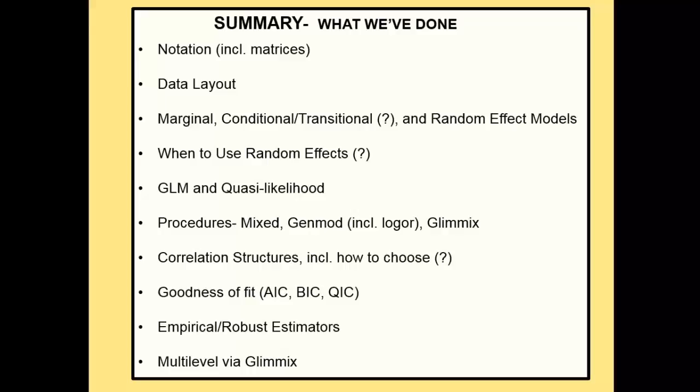But I had a meeting with Toshihiro the other day. There he is, sitting there. And he said that he ran something and got different answers. He ran GenMod and GlimMix for the same nonlinear model, and was it a logistic model or a Poisson model? I'm trying to remember. It was a logistic model.